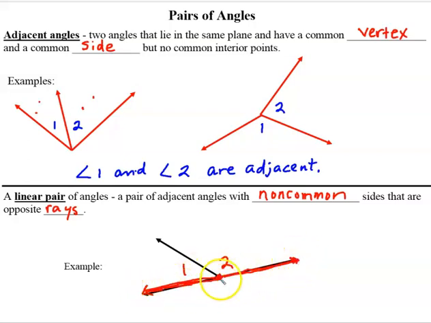You'll notice that they really don't share that side between the two angles, but if you notice that the two rays included with the two angles are two opposite rays, then you know that you're dealing with what is known as a linear pair.